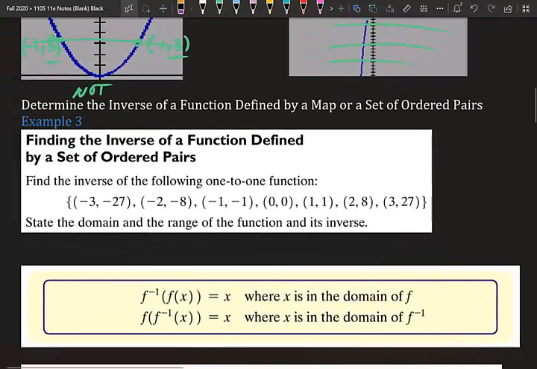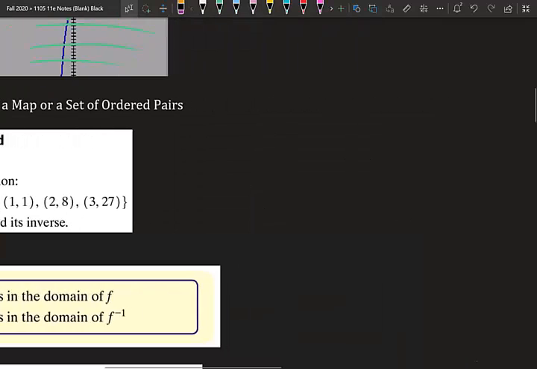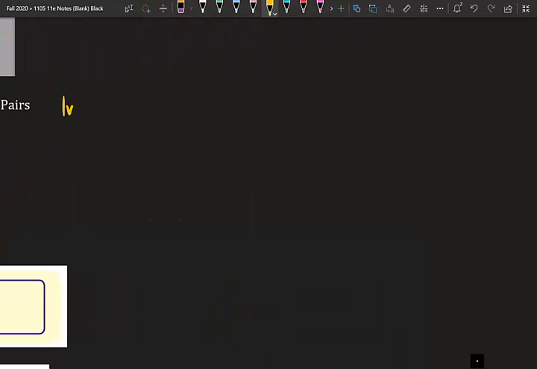Determine the inverse of a function defined by a map or a set of ordered pairs. So find the inverse of the function defined by a set of ordered pairs. Then we're also going to find the domain and range. So inverse, that's a new word. What that means to us, it means opposite.